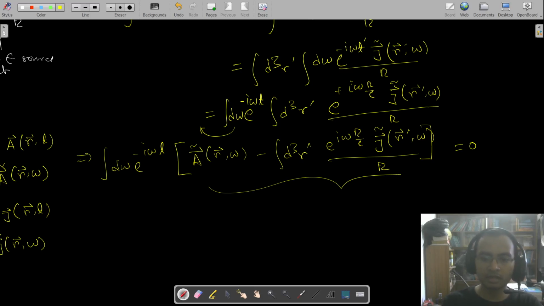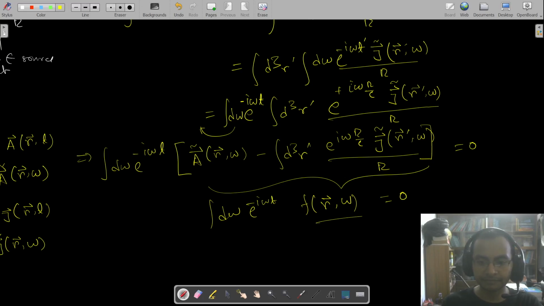Now this is a function of, let's see, r and omega, and is this a function of r prime? No, it's not, because this r prime is being integrated over. So yeah, it's a function of r and omega, and we have this omega integral here. Now what I claim is this: if this is 0 for all t, then this f of r, omega has to be 0.